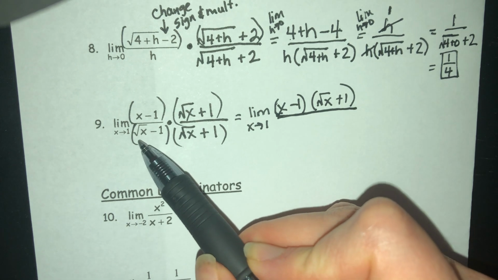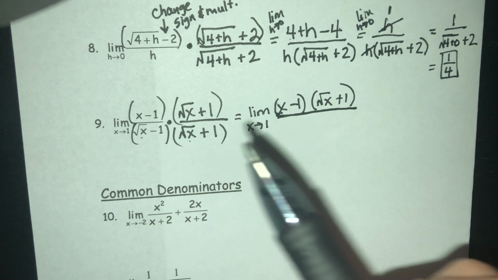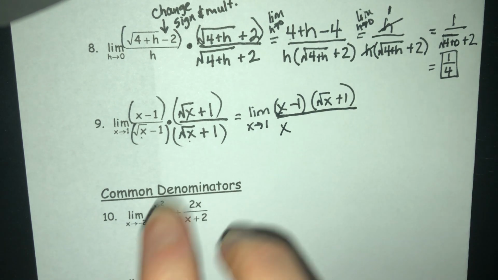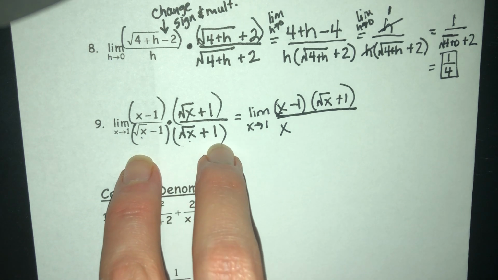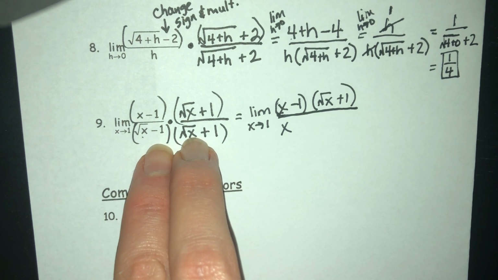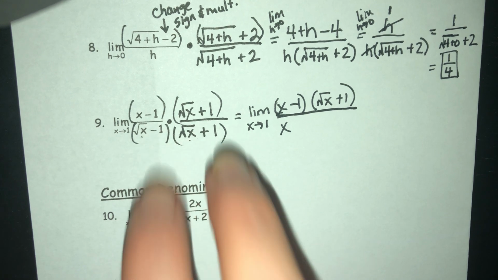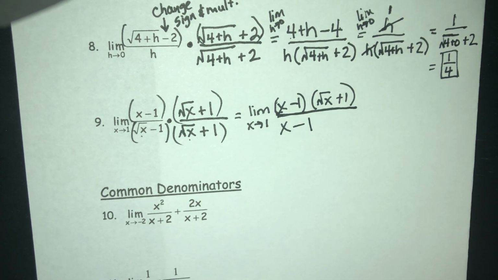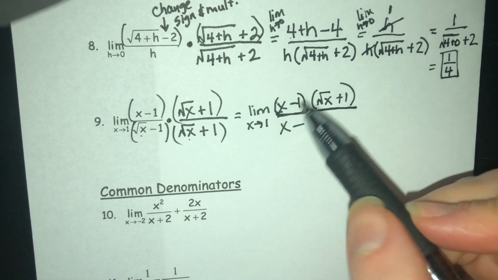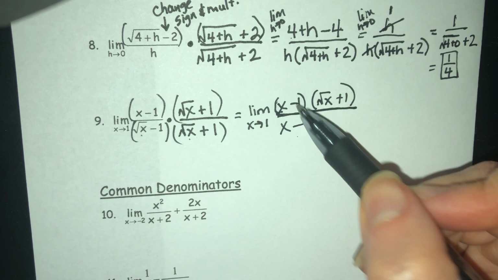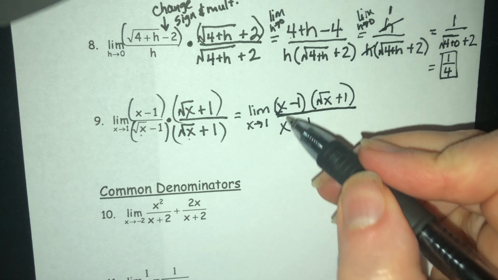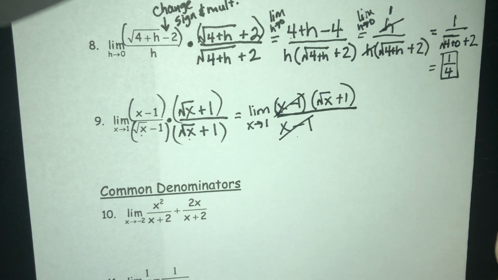Now, square root of x times square root of x is just x. My outer term is positive square root of x. My inner term is negative square root of x. Those add up to 0. And then negative 1 times positive 1 is negative 1. So notice, now I have x minus 1 in both the top and the bottom, which means they can divide out to equal 1.